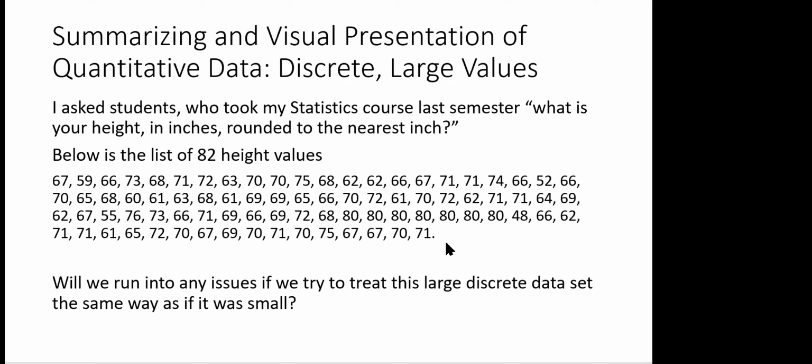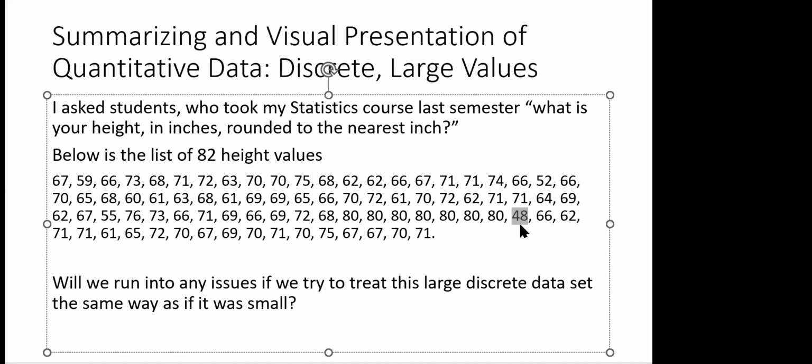Well, first of all, the numbers are larger, but I think the main difference from the one that we saw before is that the range of this data set is different. So my smallest value here is 48, and my largest value here is 80, which gives me a range of 32 values. So if I was doing the frequency table the way I did before, I would have to list a total of 32 values, and that's a lot.